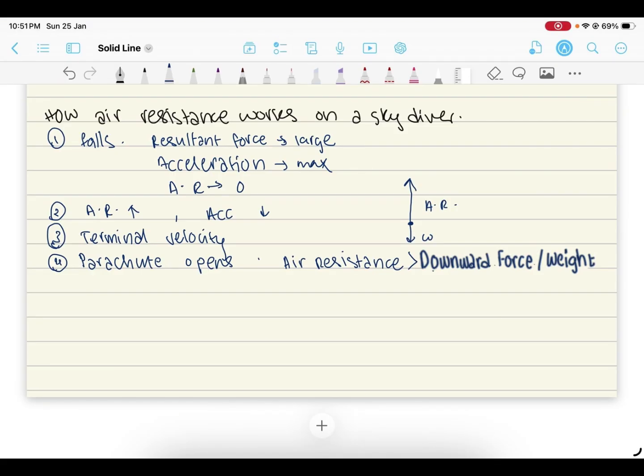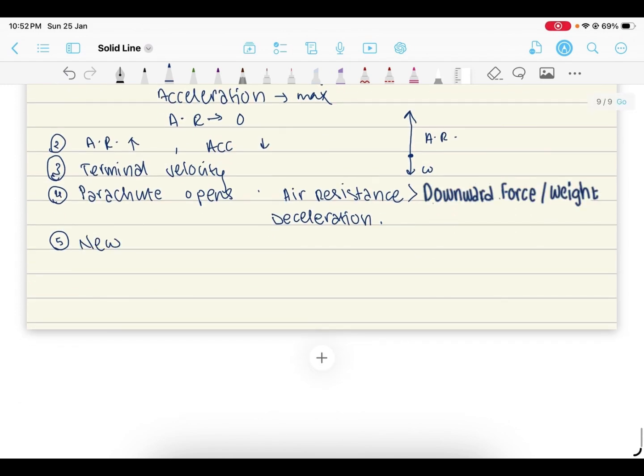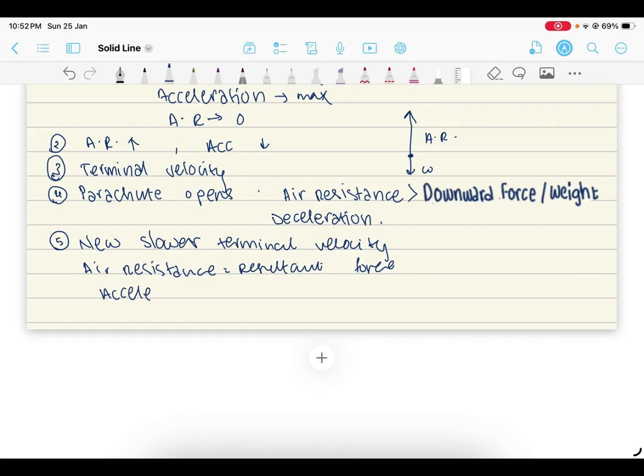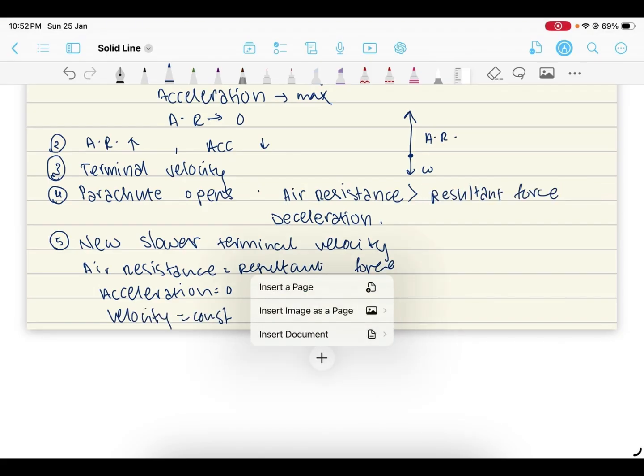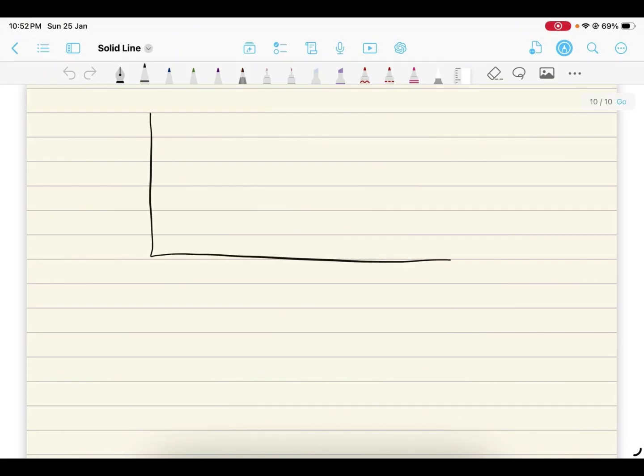That's why immediately they will experience deceleration, which is negative acceleration, and then a new slower terminal velocity is reached. So that means air resistance is equal to weight. So acceleration will be 0. Velocity will be constant. Let me draw the graph for this now. This is how the graph for this would look like. The first part would be the same as this.